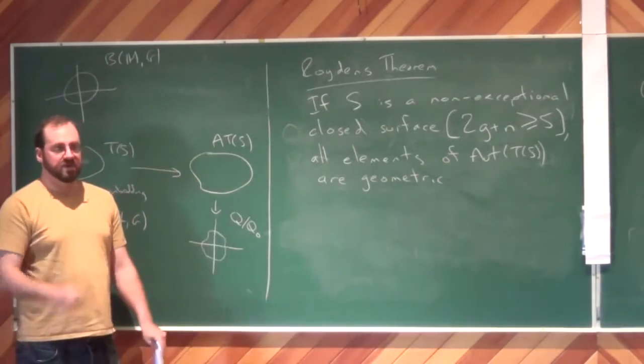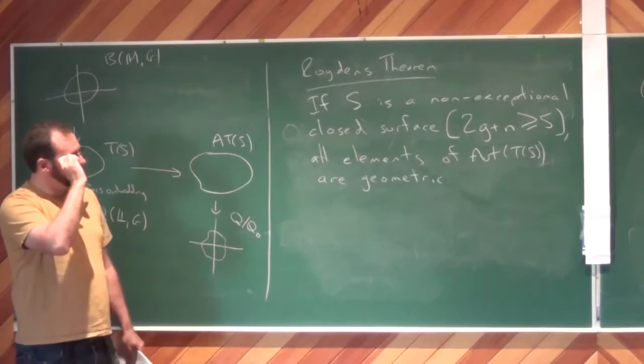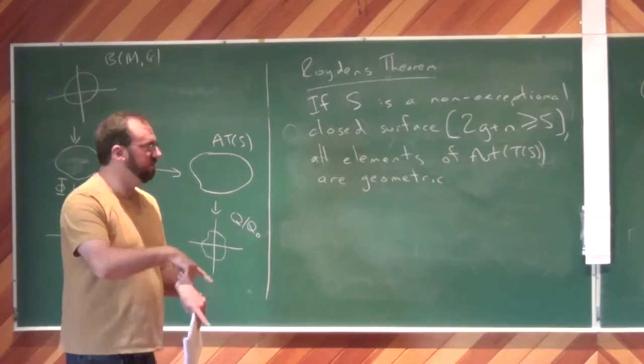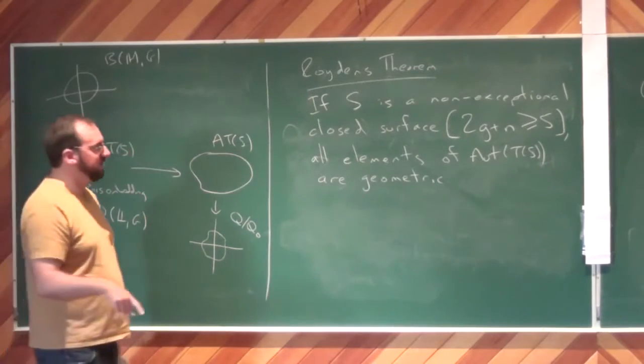Okay, so let me give some of the ingredients of how Royden proved this, and then how some of the difficulties extending those ingredients to infinite type surfaces were overcome by various people.